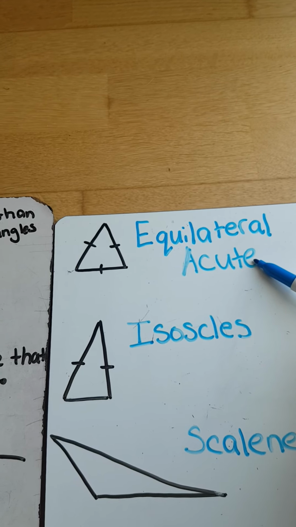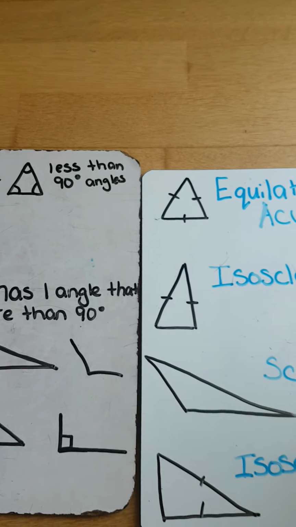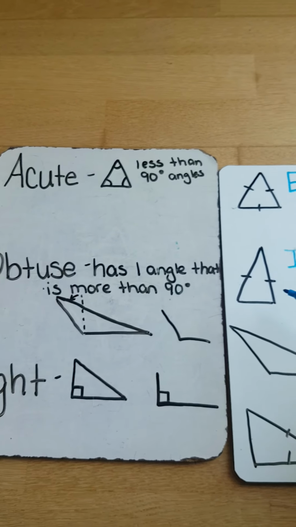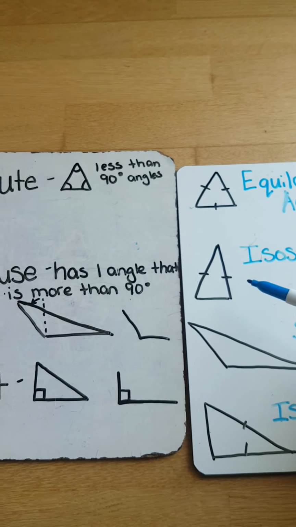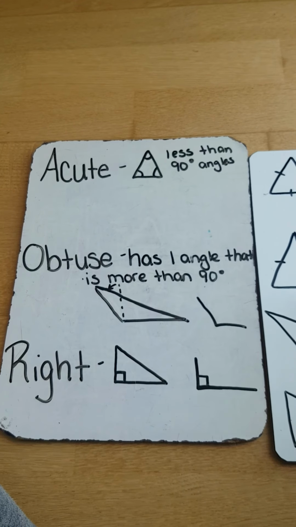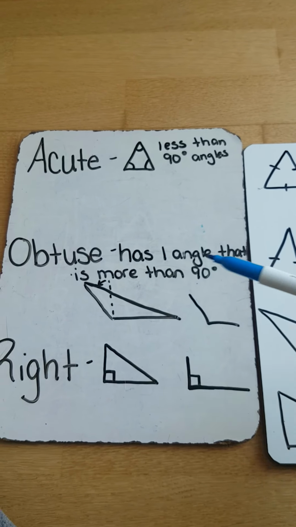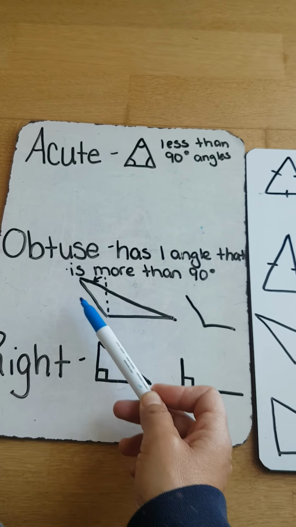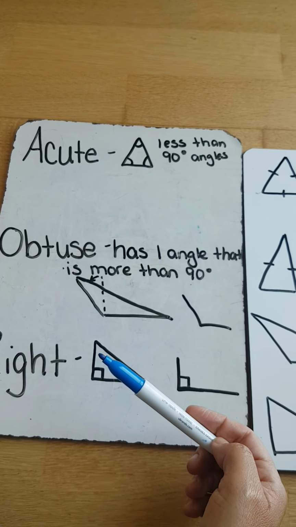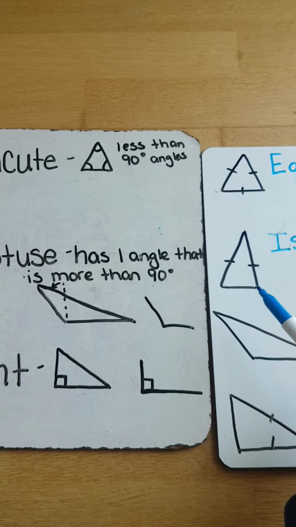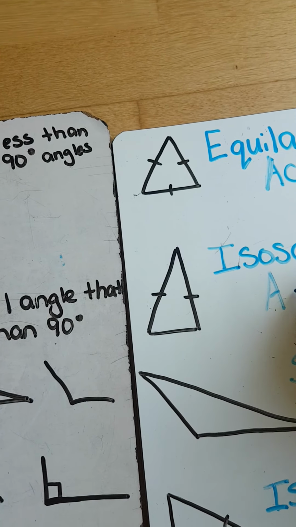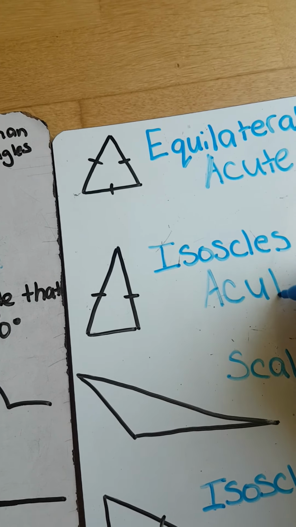They're smaller than 90 degrees. All right, what about this one? What do you think? Again, I think this is acute because it's not doing this. It's not going bigger than 90 degrees, and it's not making that perfect L shape. So this one also is acute.